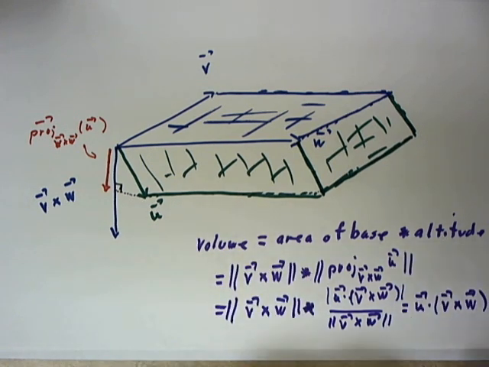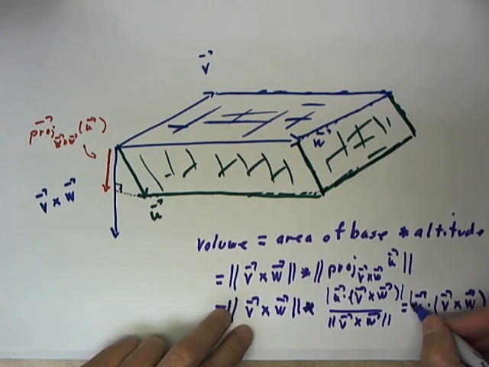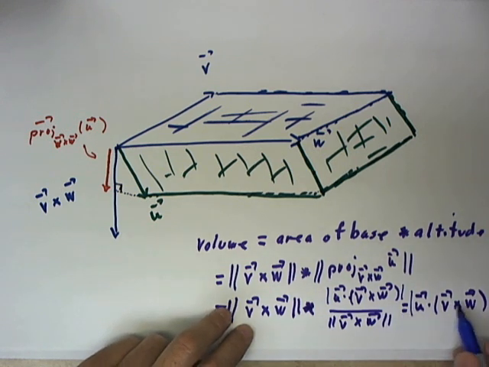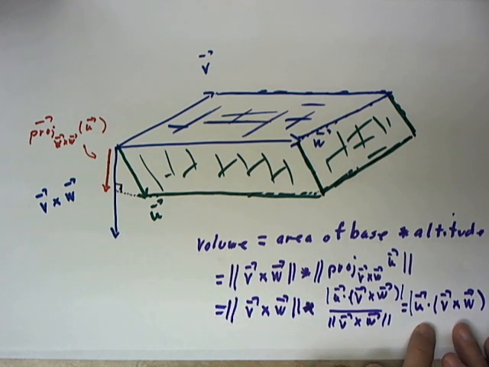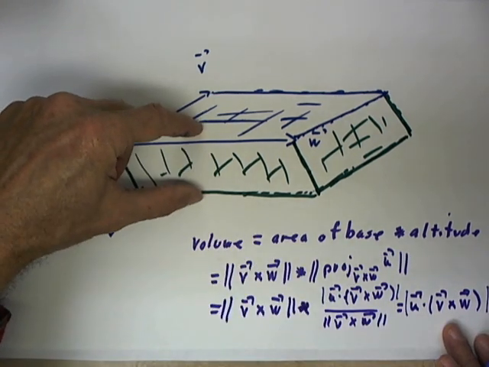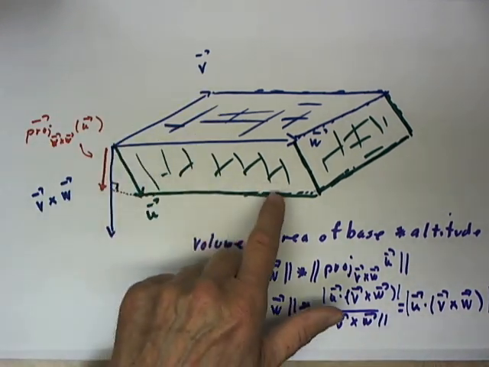Since this is a magnitude, that'll make this into a magnitude, but it's the magnitude of this dot product, and that magnitude represents the volume of this three-dimensional figure.